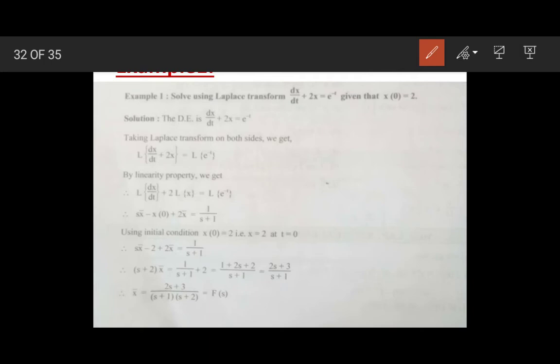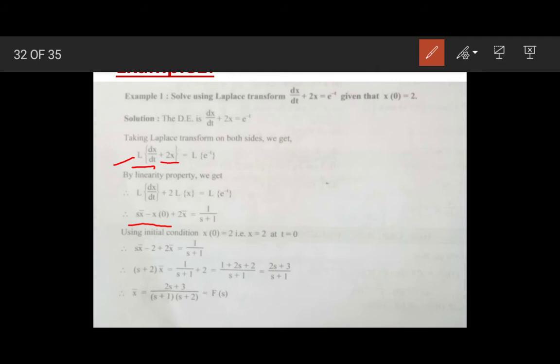So our first step is we will take the Laplace transform of the given differential equation. Now we know that the Laplace transform of the first order derivative is s into x bar minus x0.